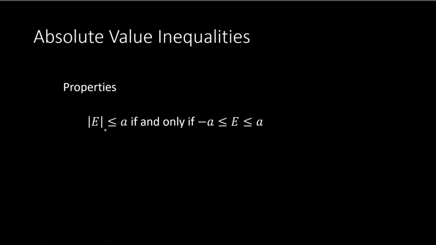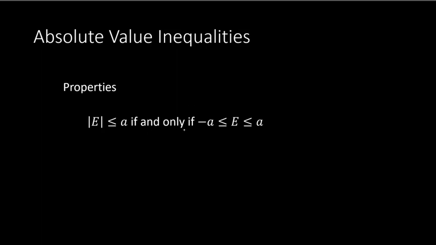Next, we're going to talk about absolute value inequalities. So with absolute value inequalities, what we know is that if we have the absolute value of some number that we'll call e, and if it's less than or equal to a, that is true if and only if e is between negative a and a.